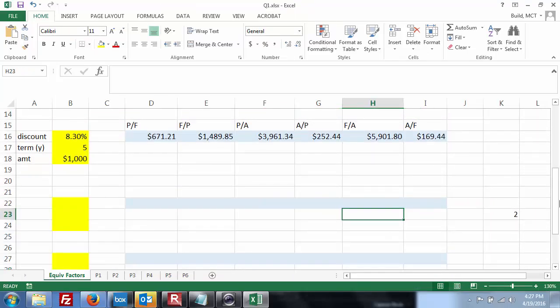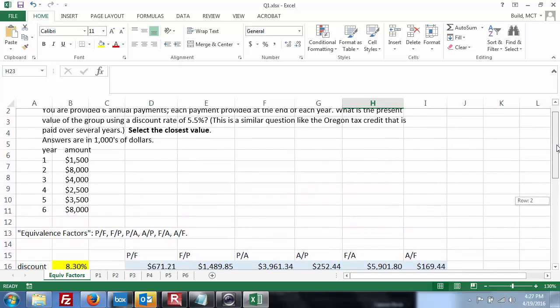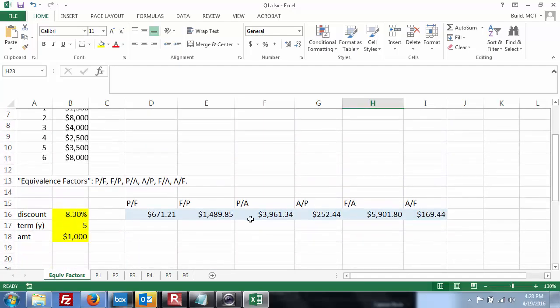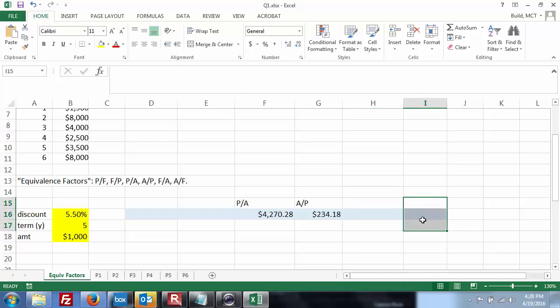I know that I'm looking at 5.5%. I don't want present future. I don't want future present. I don't want future annuity. And I don't want that either.